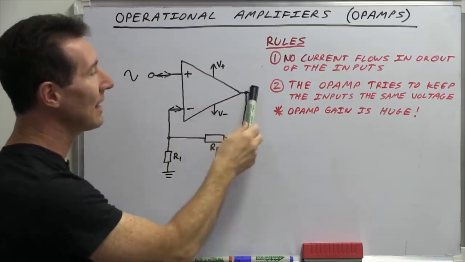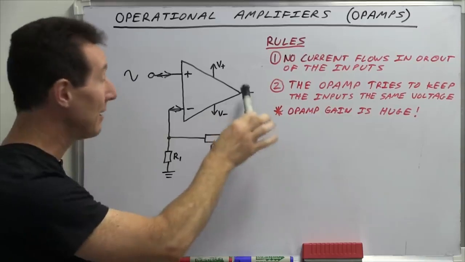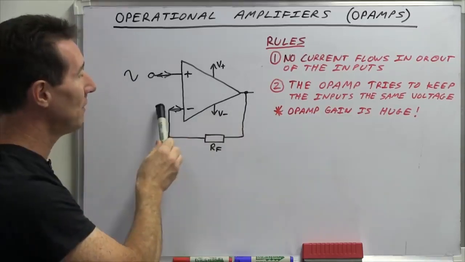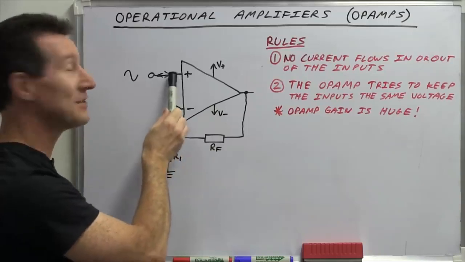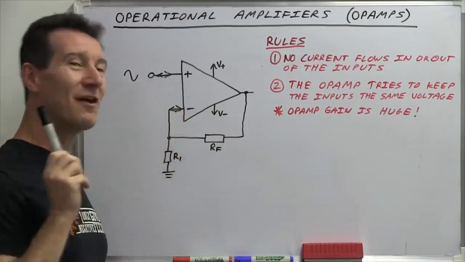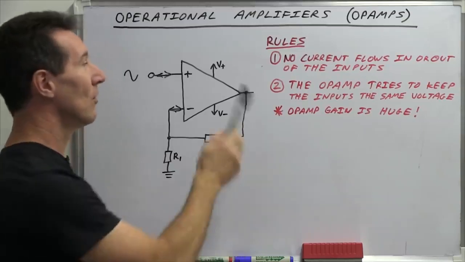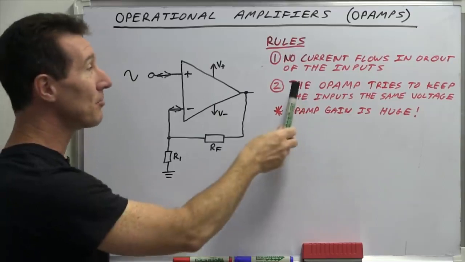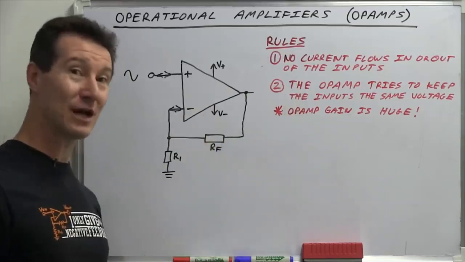So the op-amp only has control over its output, but if you have feedback, it will change this output voltage to make sure this input equals this input here. And that's a very powerful rule of op-amps, and if you see a closed loop configuration like this, you can be pretty sure that rule is going to apply.